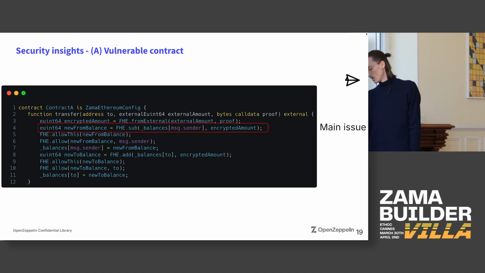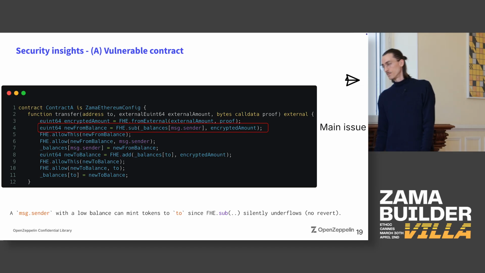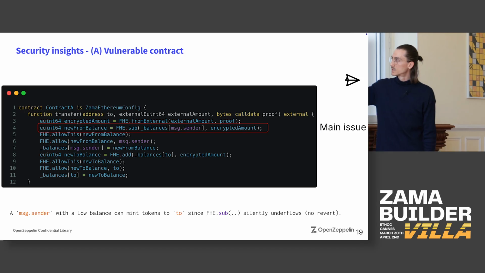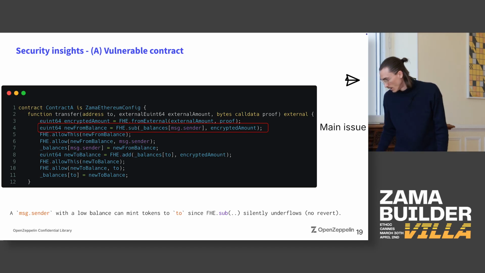The main issue here is that if the balance of the sender is too low, it will just silently underflow, so you won't notice. And it will still go to line 8, and it will increase the balance of the true address.